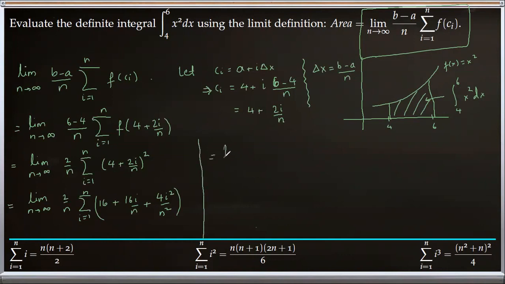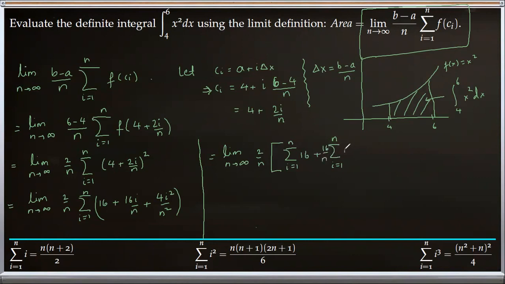So this becomes the limit as n goes to infinity of 2 by n times sum i equals 1 to n of 16, plus sum i equals 1 to n of 16i over n, but 16 over n is independent of i, so I can just pull that out of the summation.